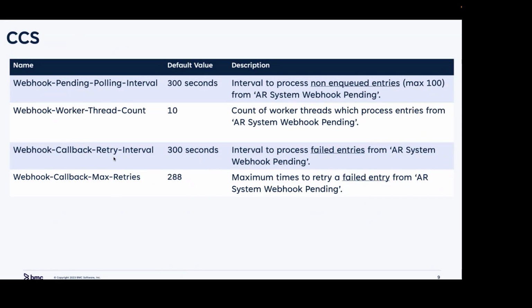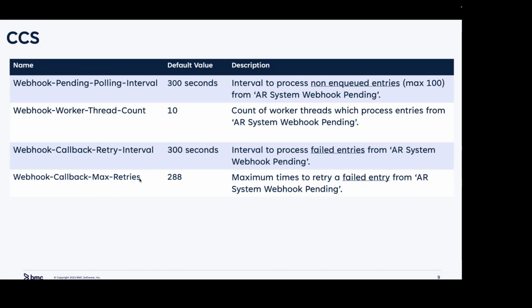This is the retry interval. Retry interval is used whenever the callback failed. If the callback failed, that entry is still there in the webhook pending form with the status as failed, and that will be retried if it is qualified for the retry after these many seconds. By default, it is 300 seconds, and you can configure the value that you want.